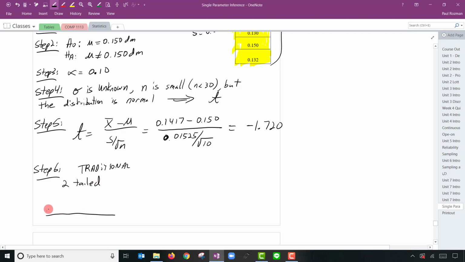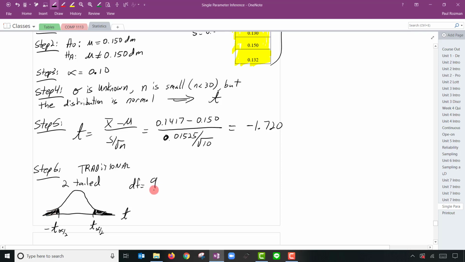So we'd have two critical values, a positive and a negative. We'll have our alpha split in half. Our degrees of freedom will be 9, remember n-1, and we need to find this t-score, which will be the same as the lower one. The t-distribution is symmetric.